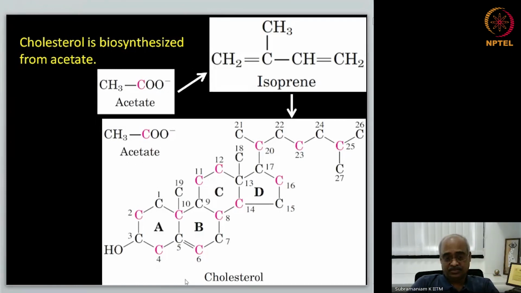And it is also a precursor for vitamin D, whose active form is dihydroxycholecalciferol. So it is an essential molecule. And these are the things that a biochemistry textbook lists.